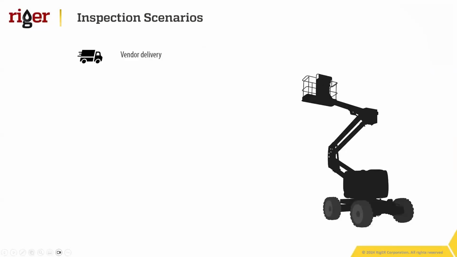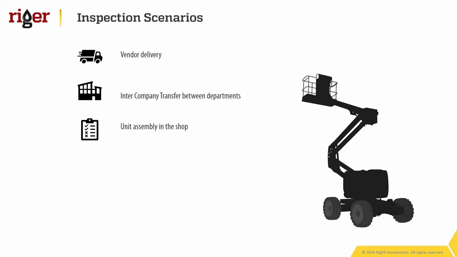So, quick inspection scenarios: if you're receiving equipment from your vendor, you will want to check it as it arrives. If you're shipping equipment between departments and you need to initiate an inspection upon arrival in the second department to make sure that it traveled well, you can do so here.